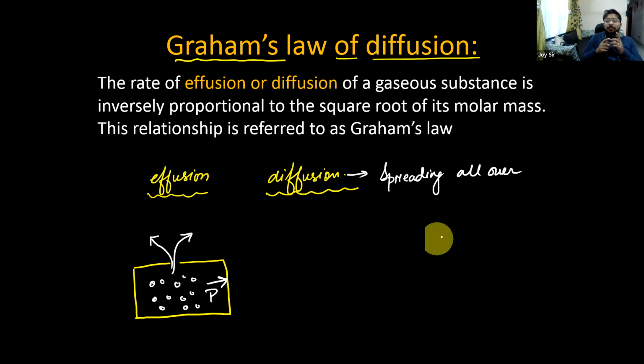And effusion is like leaking out. This gas going out of the tiny hole, this process we call effusion. These gas molecules are coming out and will be everywhere after some time. This process is known as diffusion, spreading everywhere. Effusion means leaking out.